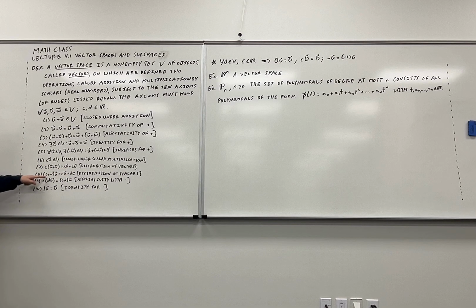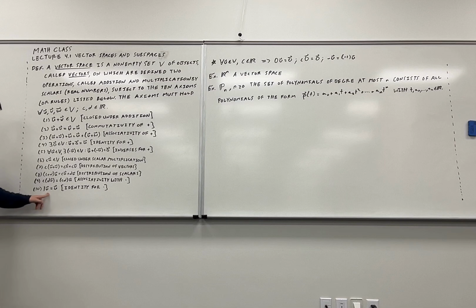If I have scalars c plus d and I multiply that by vector u, then I can distribute the scalars out to cu plus du. 9 here, we've actually seen these ones before, all the way back in the first chapter, when we did properties of vector arithmetic. c times (du) in parentheses, we could associate with the scalar multiplication and do the cd first, times u. A lot of this is pretty much identical to the vector arithmetic properties that we've done.